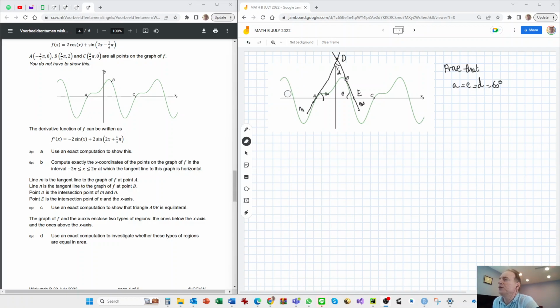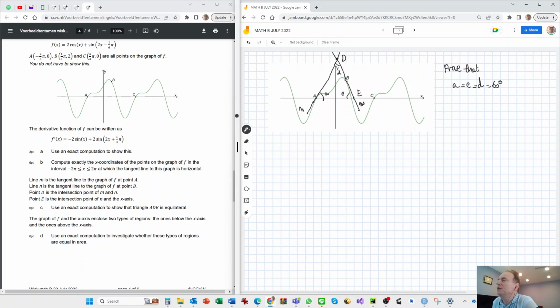So how can we show that? Well, the angle A should be pretty easy to find from the slope. And angle D can be found from the slope of N and M. Angle D is just the angle between these two lines.